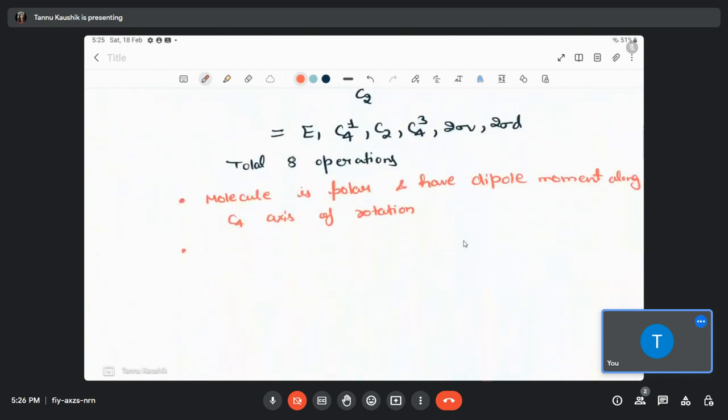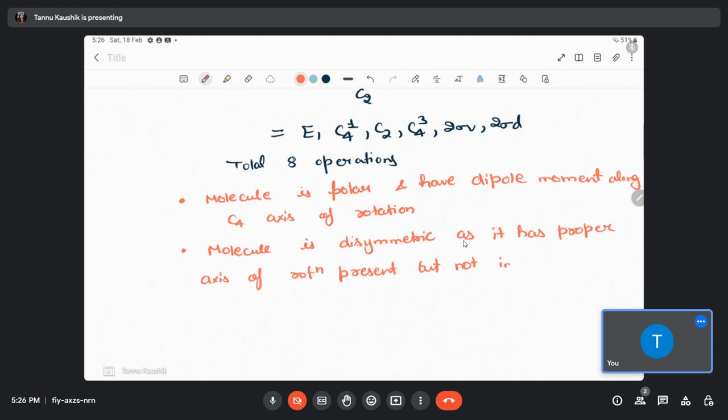So this molecule is disymmetric, as it has a proper axis of rotation present, but not an improper axis of rotation. Therefore, this molecule is optically active.